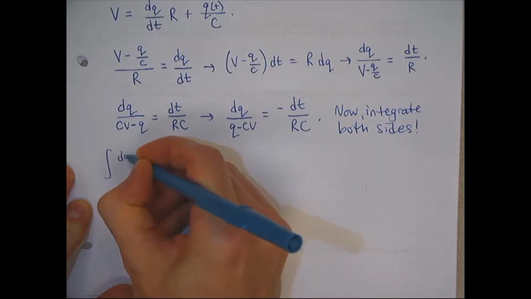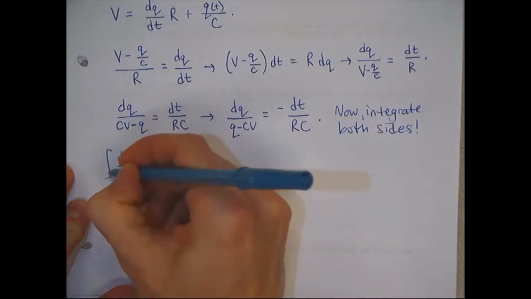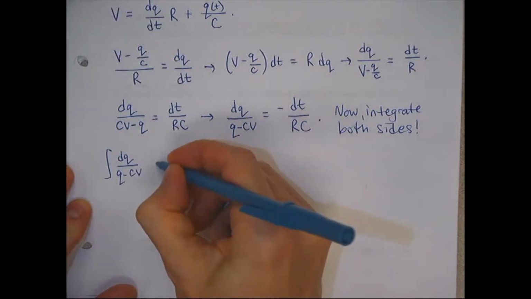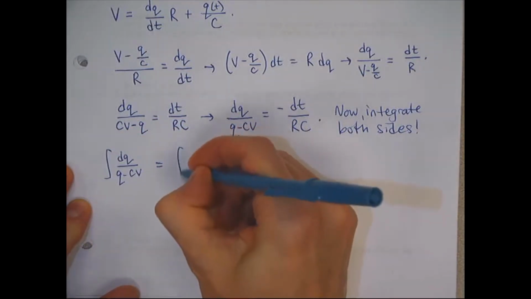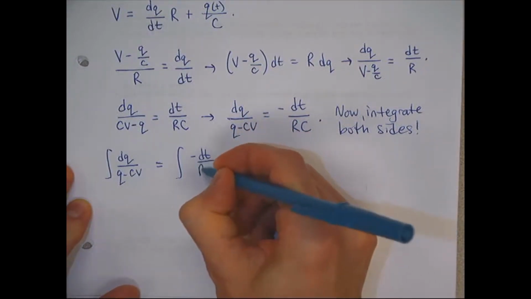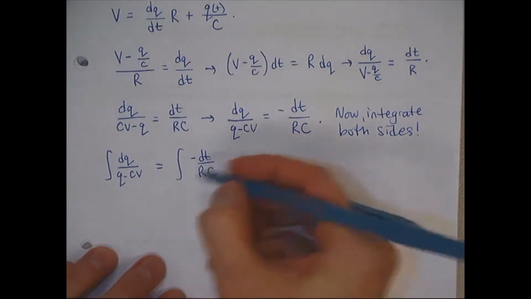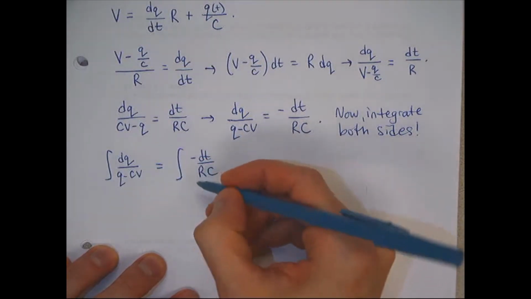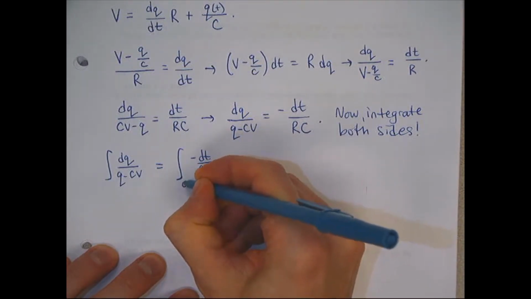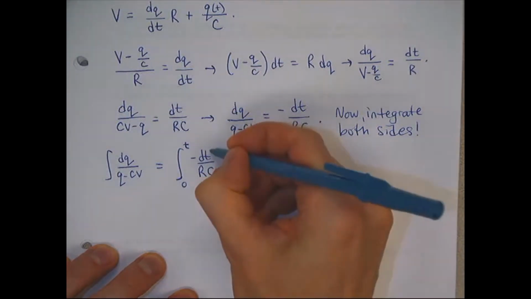We have dq over Q minus CV is equal to the integral of minus dt over RC, and we need to specify limits of integration. So say we're integrating from a time of 0 up to any generic time during the charging process.